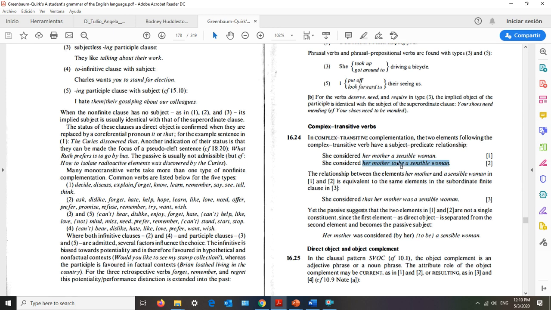But instead of having a finite verb here, you have it in the form of an infinitive verb, of a non-finite verb.